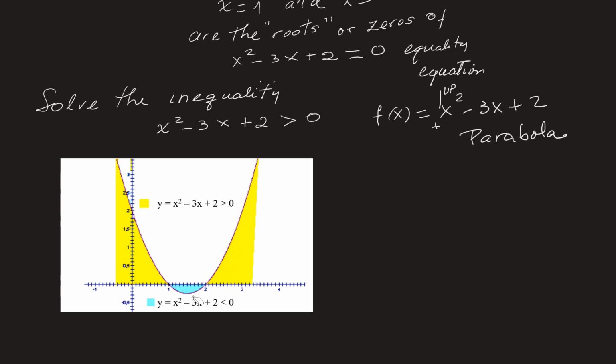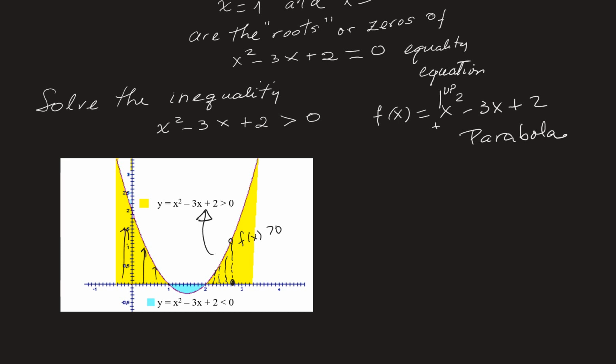We have here a graph. And then, if you want to find the x such that x squared minus 3x plus 2 is greater than 0, those x have to be here, because this is f(x) greater than 0. All those are the x that solve this inequality, and those also.